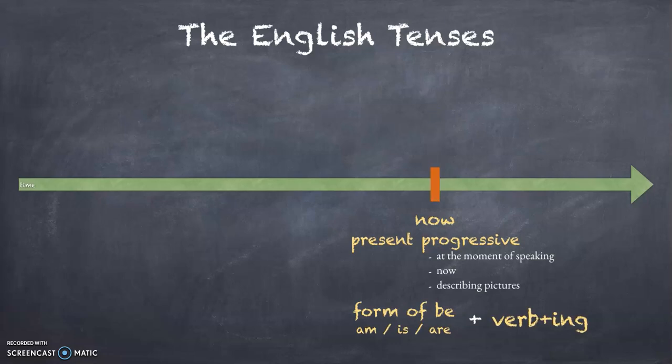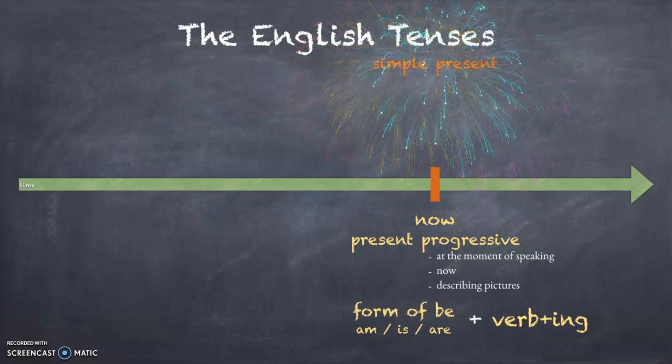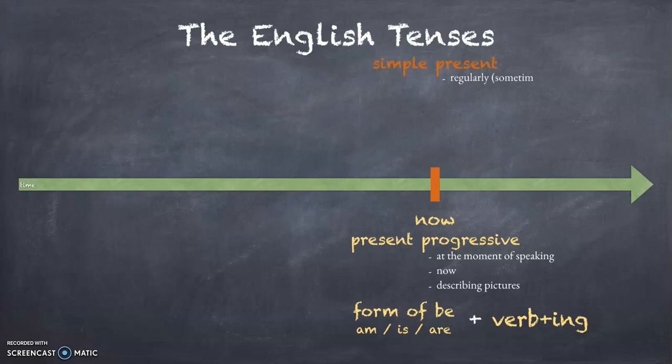Here is our next tense. It's in the present too, so this is the simple present. And the simple present is used when something happens regularly, like sometimes, always, often, every day, and so on. You build the simple present with simply the verb without to.